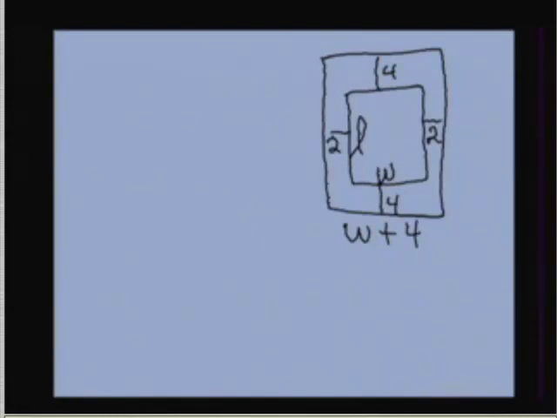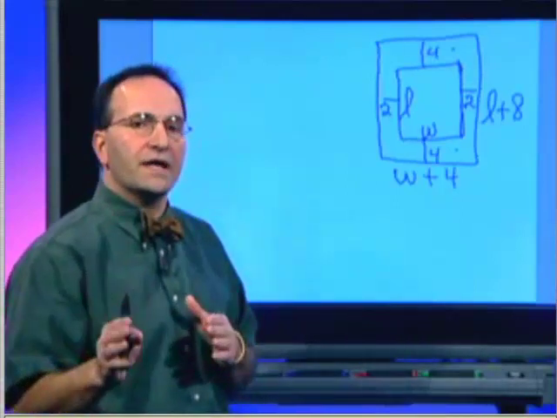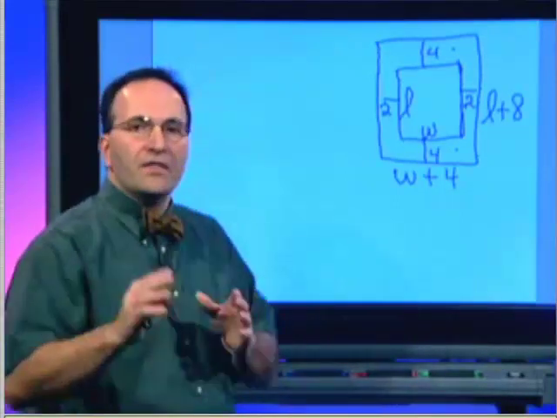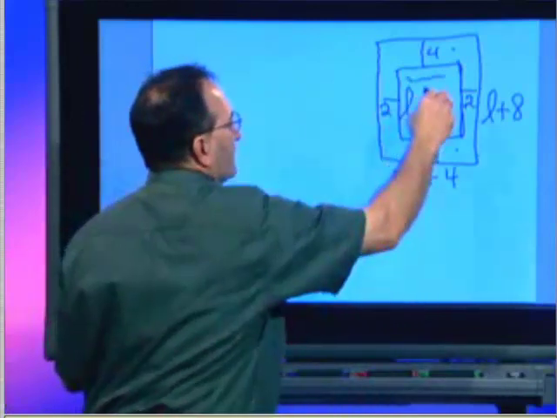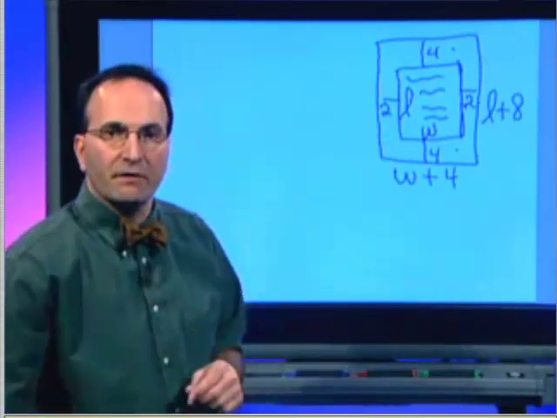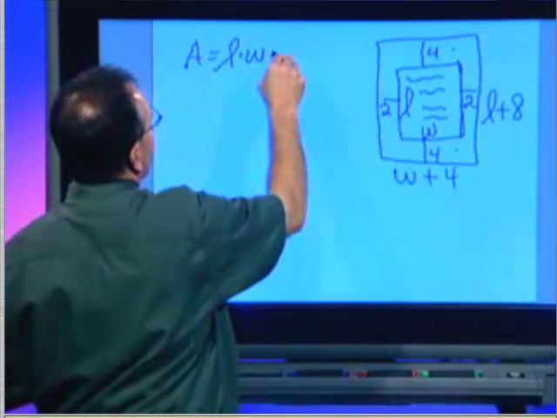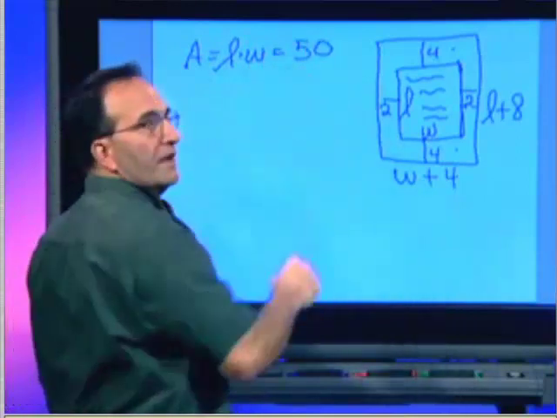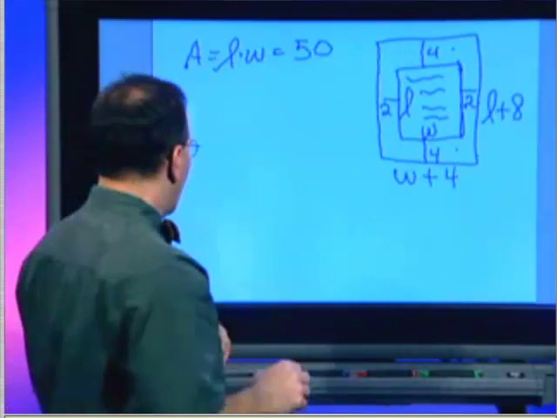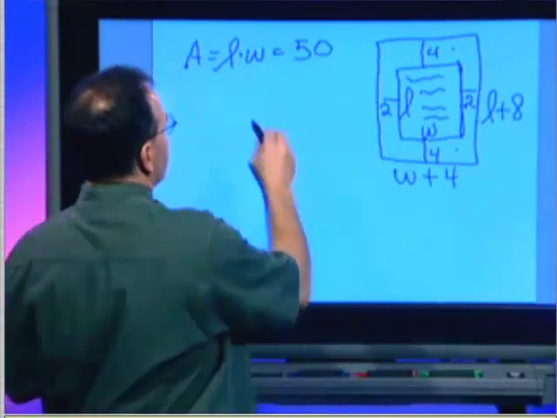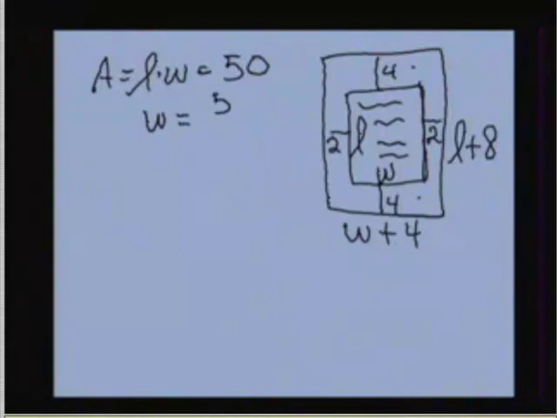And I know that the length would be plus 4 plus 4, so L plus 8. What I'm told in the information is that the area of the writing is 50 square inches. So area is L times W, which is equal to 50. And this time I will solve this for W and say that W is equal to 50 over L.